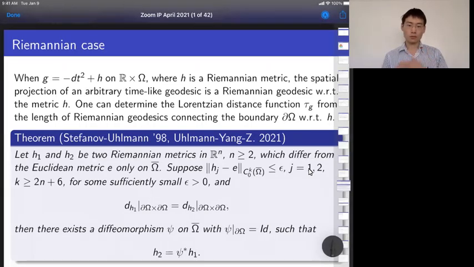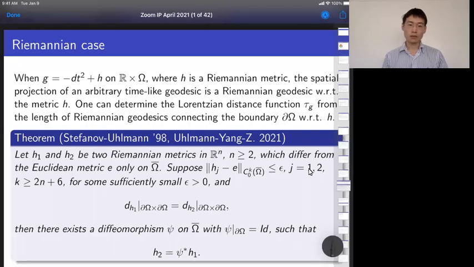So these two problems, one in the Lorentzian spacetime and one in the Riemannian manifold, can be transferred to each other. In particular, the Lorentzian distance function can also be determined from the length of Riemannian geodesics in this R^n.